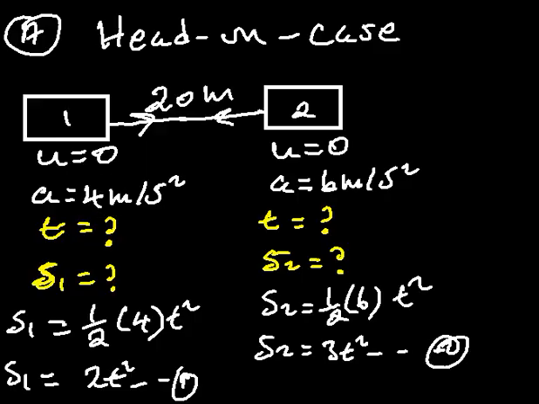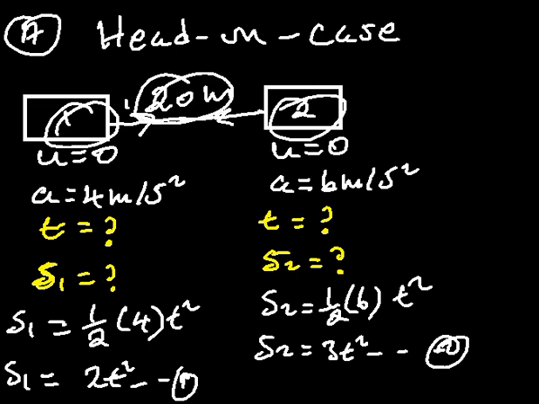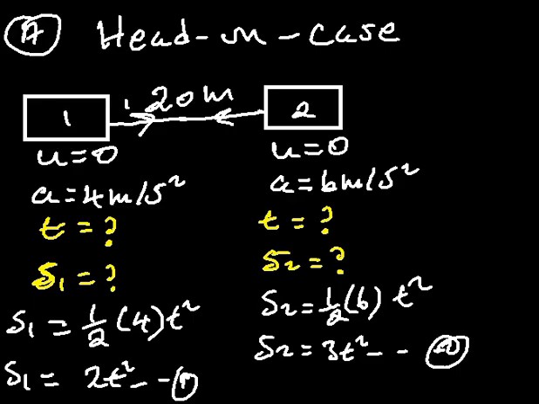The fact that they meet within the space means the distances traveled by each object, if we sum them up, will be equal to 20 meters, because both objects share the same separation distance no matter what. So S1 plus S2 will be equal to 20 meters.